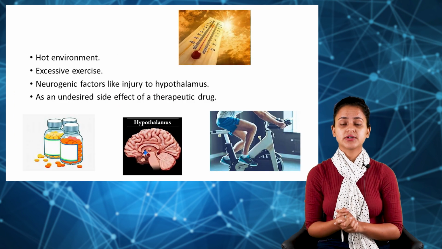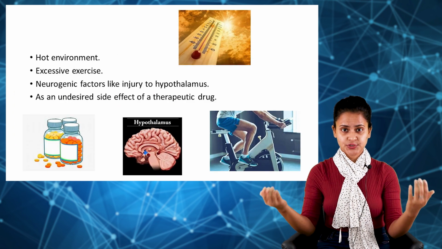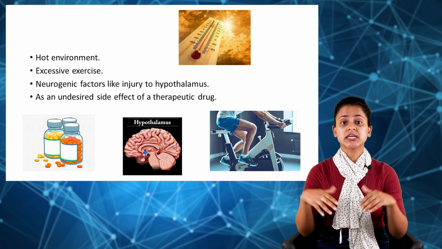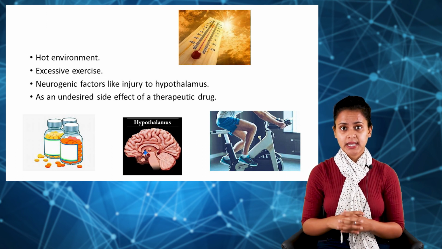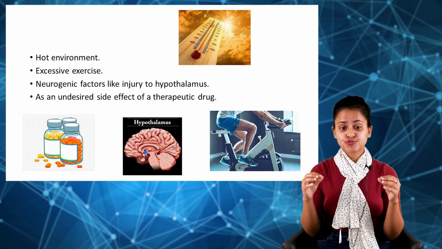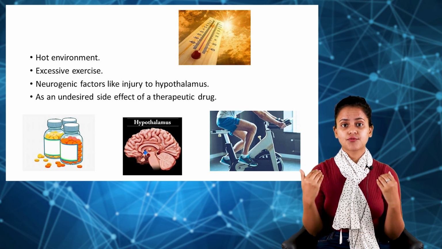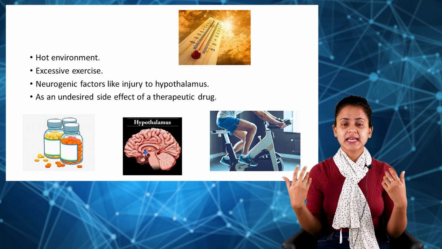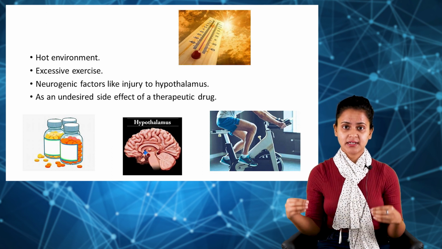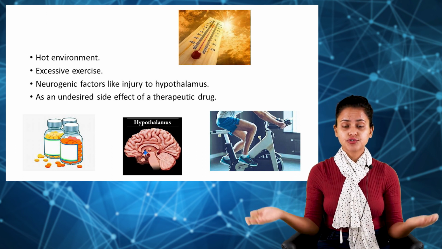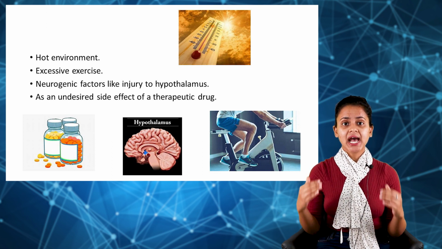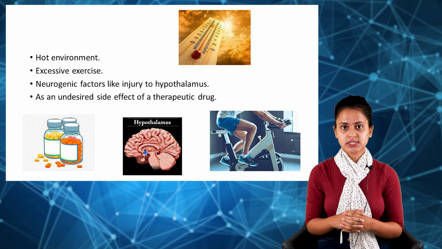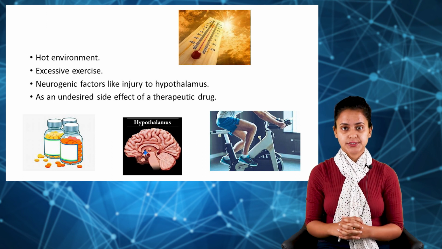So here we are going to learn about certain factors which often cause the development of fever. The first one is exposure to an extreme hot environment. Now, this acts as an external environmental factor which often causes an increase in the core body temperature as well as the surface body temperature for our client.